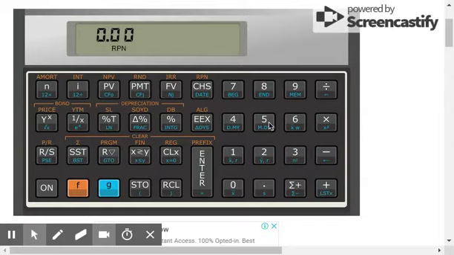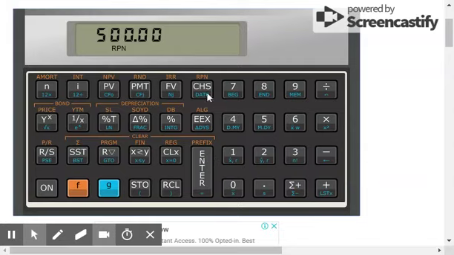So we're going to use the buttons here on the right side of the calculator, and we're going to put 500 for $500. This is an actual computer, so we're going to press enter so that this way it can store this information that we're inputting into the calculator.